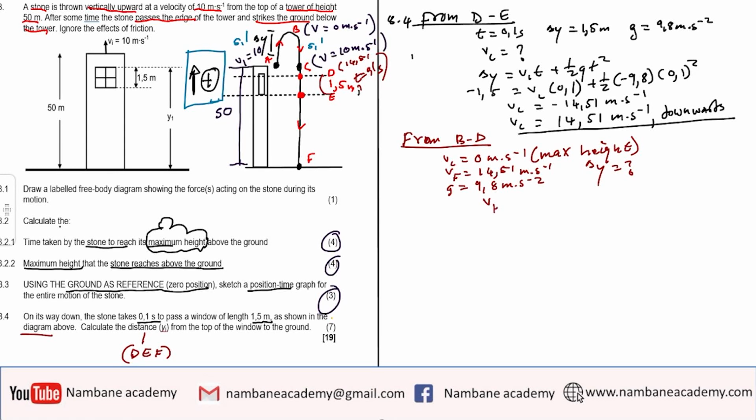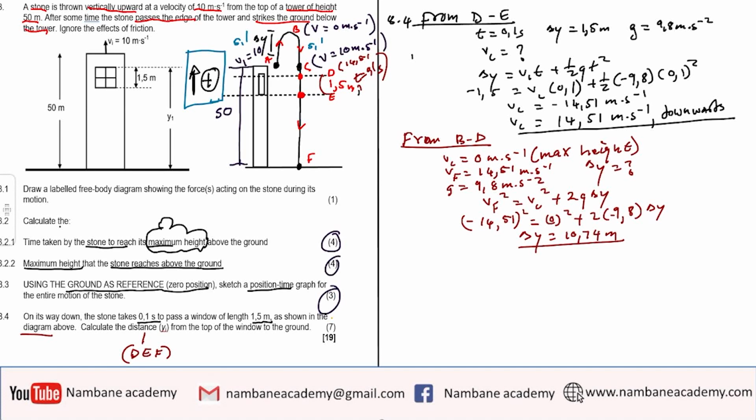So V final squared is equal to V initial squared plus, ladies and gentlemen, 2g delta Y. Minus, because it was going down, 14.51 squared, this one 0 squared, plus 2 multiplied by 9.8 minus, it was going down, and then delta Y here, ladies and gentlemen, it's something like 10.74 meters.